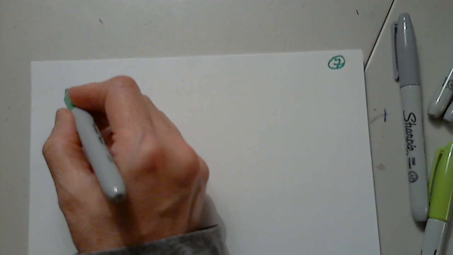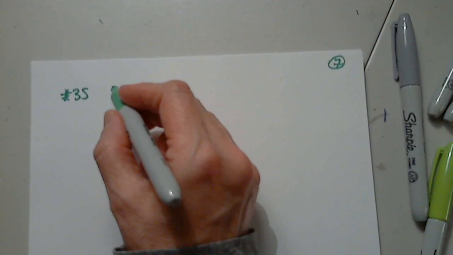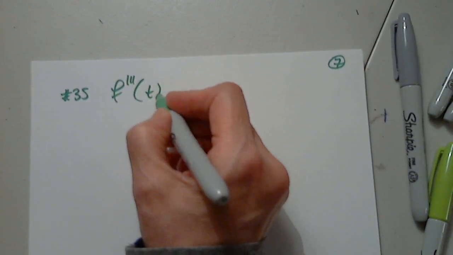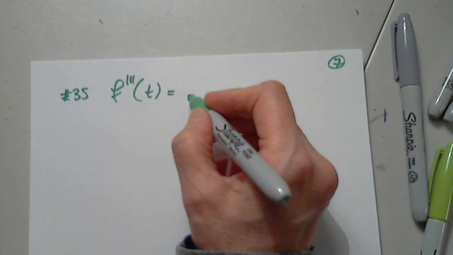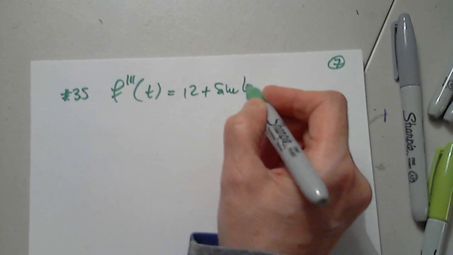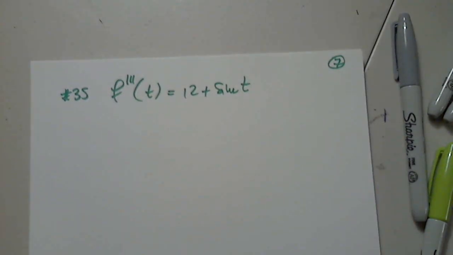I am on page 7, and we're looking at 35. In 35, we have the third derivative of f of t equals 12 plus sine t. So the same question, they want us to find f of t.